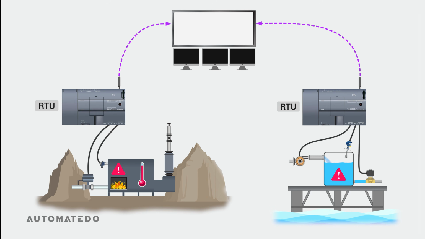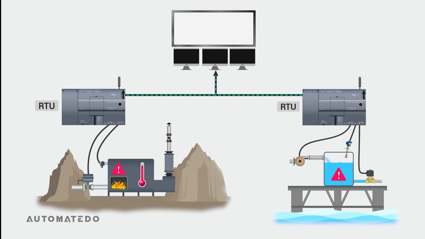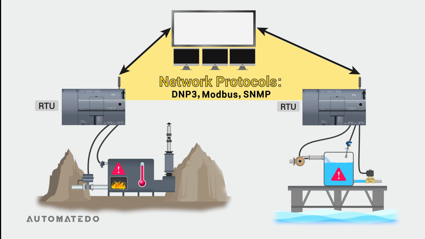To do this, RTUs share the collected data from field devices with the master control station via a communication network, and for that, RTUs use either a secure wireless network or cables connected to communication channel interfaces in a wired network. After communication channels have been established, RTUs use a protocol such as DNP3, Modbus, and SMP to transmit status data.